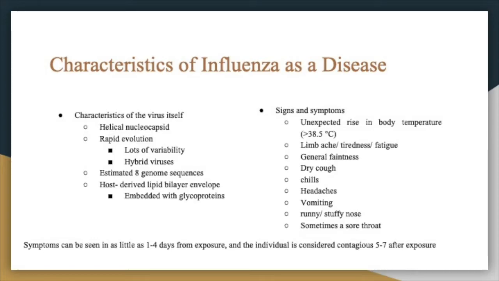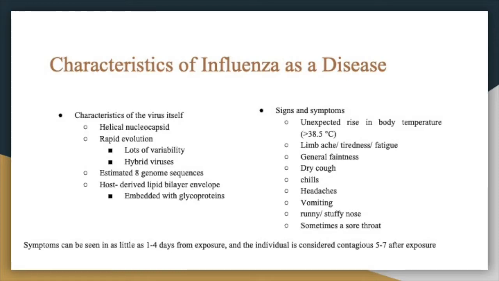So some of the signs and symptoms of this disease are an unexpected fever or rise in body temperature that's over 38.5 degrees Celsius. A lot of people complain of limb aches, tiredness, or fatigue. There's a general faintness. Sometimes there's a dry cough from the upper respiratory.